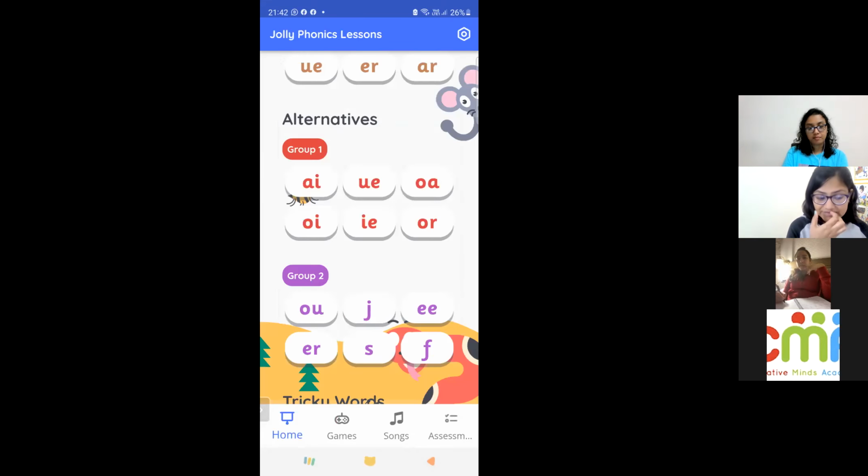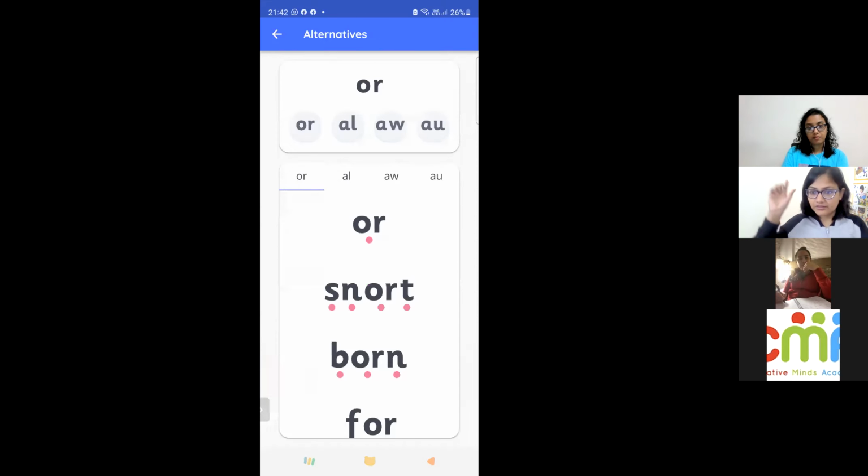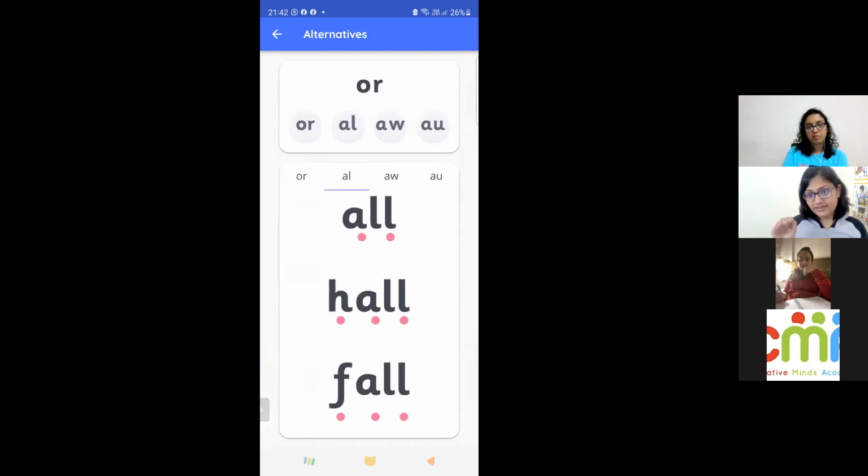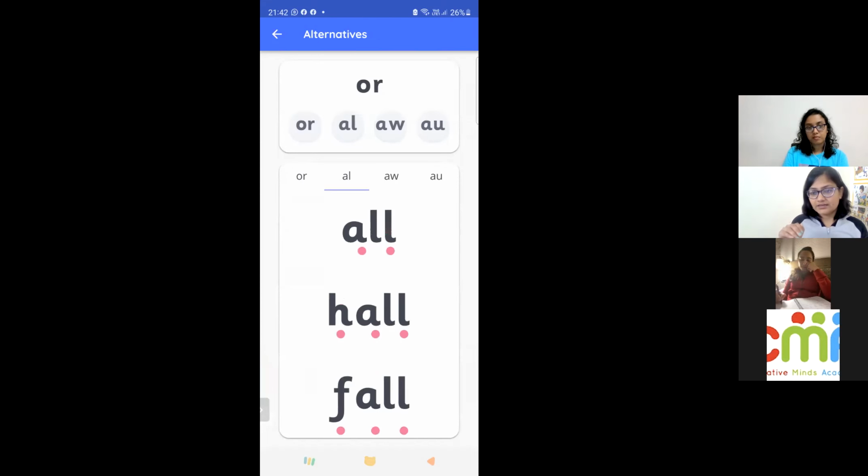Now we have the aw sound. We know that it comes from OR. Now, most of the times when you have the O sound followed by the L sound, then you will have AL.